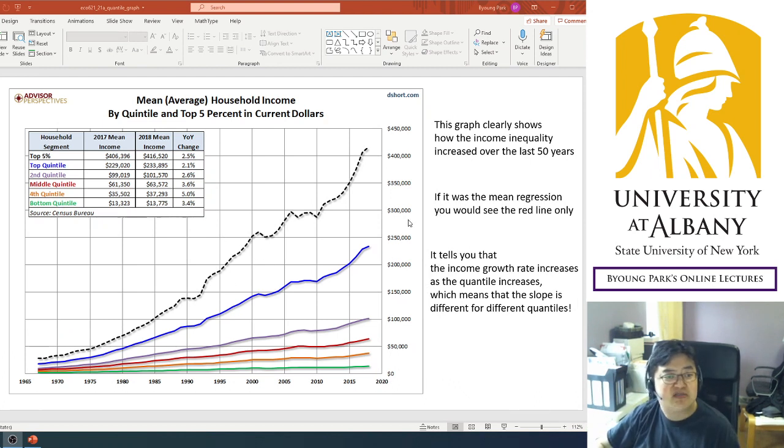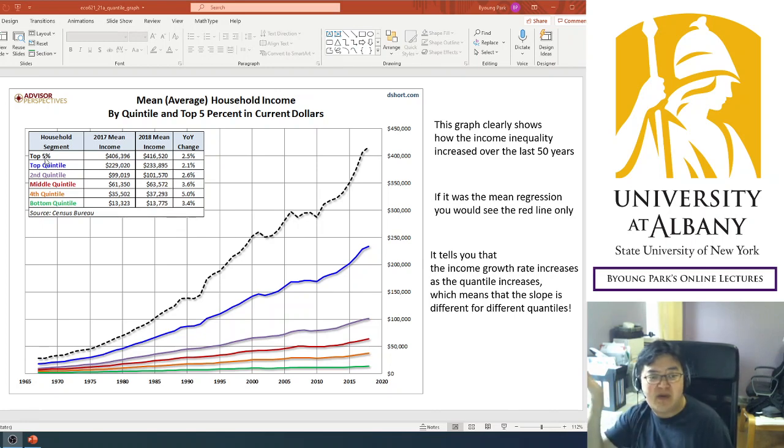Think about this. This graph shows you the difference across different quantiles. Say top quintile. By the way, quintile is top 20%.